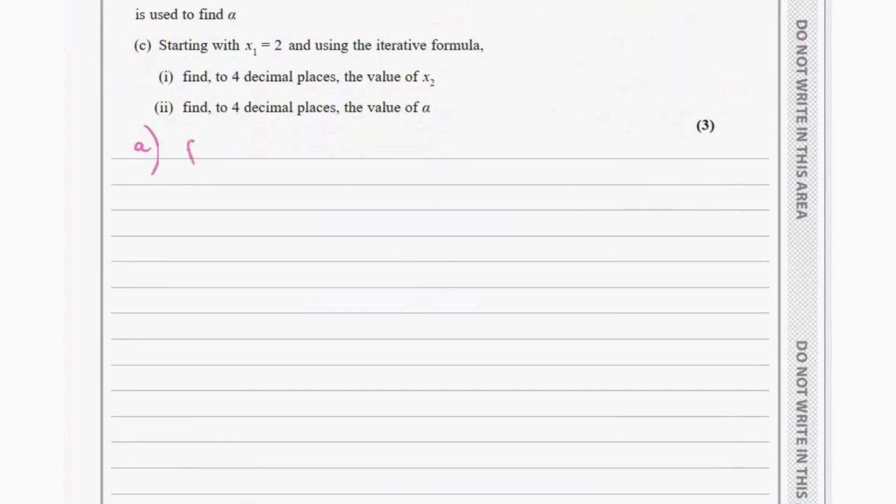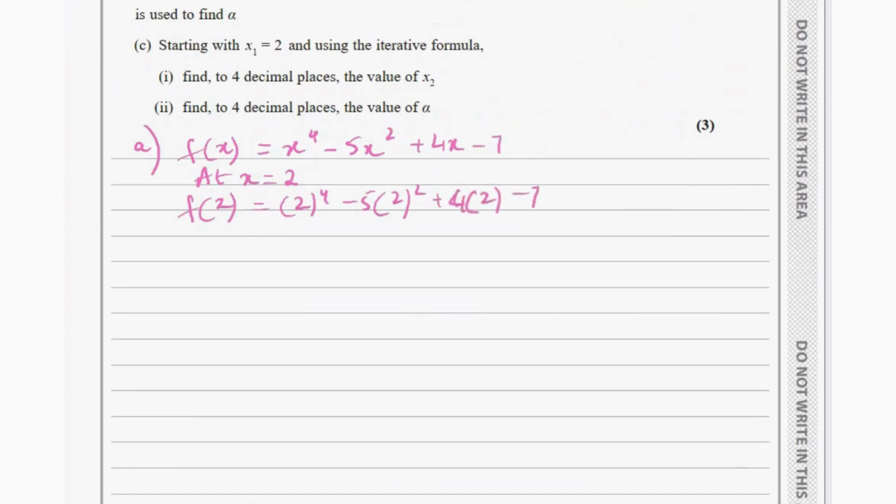So we have f of x equals x to the power of 4 minus 5x squared plus 4x minus 7. At x equals 2, our function is going to have a value of 16 minus 20 plus 8 minus 7, and that is negative 3.